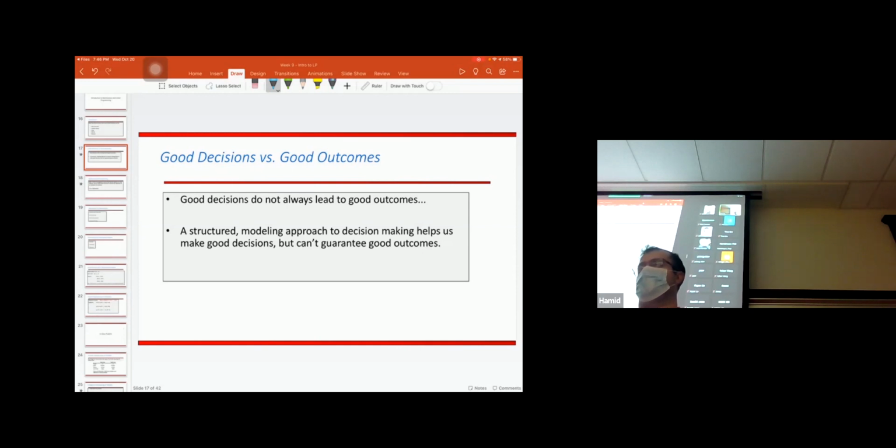Just keep in mind, it doesn't mean that if you make a good decision, you end up having good outcomes. Maybe you're just trying to minimize the disaster. Anyway, we will learn some structured modeling approaches for decision making that help us make better decisions.